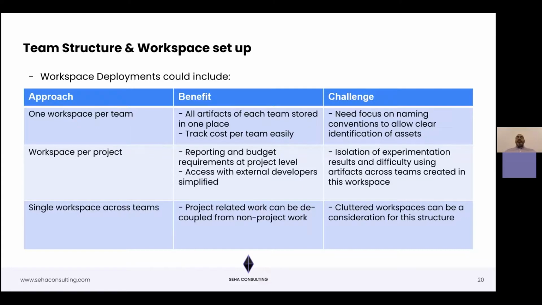In addition, a lot of times you're relying on external developers to do work. You can just set up access for that external developer at the workspace level. They can see all the artifacts there. It's at the project level, so there are no concerns with them seeing other artifacts that the team is working on outside that project.